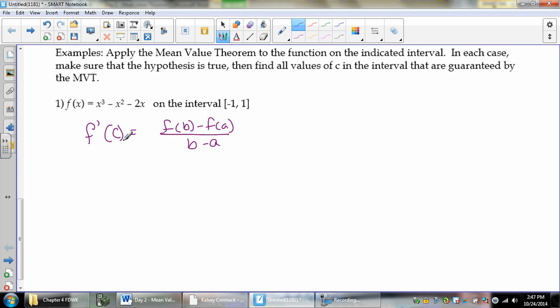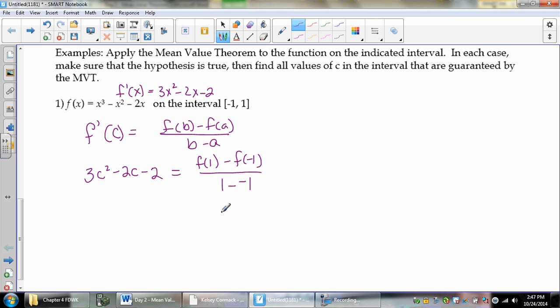So now I'm going to set it up. F prime of C means take the derivative and then plug in C. So my derivative, f prime of x, is 3x squared minus 2x minus 2. So f prime of C would be 3c squared minus 2c minus 2 equals f of B minus f of A over B minus A. So that means f of 1 minus f of negative 1 over 1 minus negative 1.